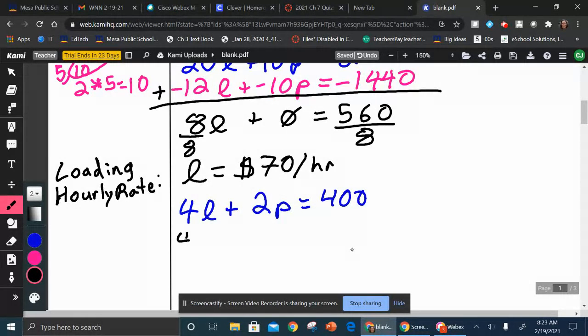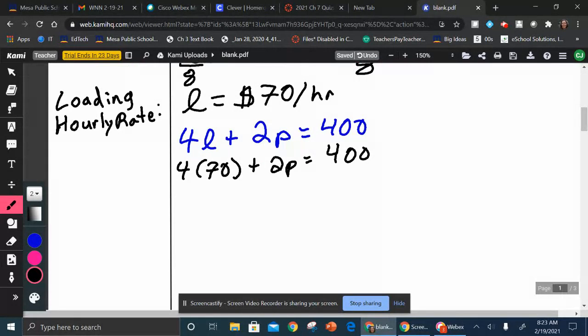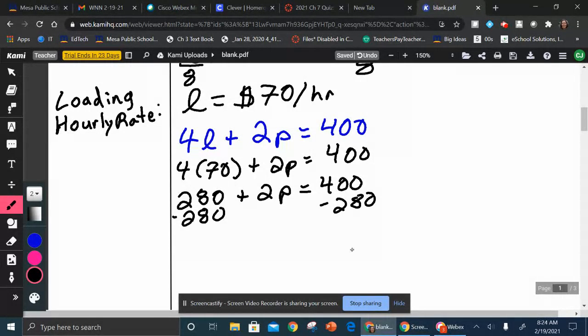So 4 times 70 plus 2P is equal to 400. And then I'm going to subtract. So 4 times 70 is 280. Subtract 280 from each side. So we get 2P is equal to 120.